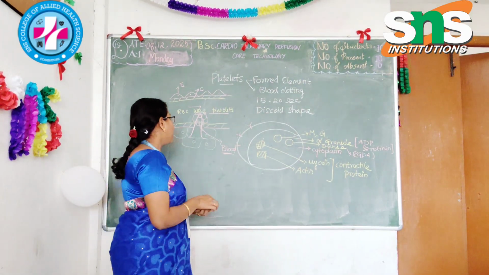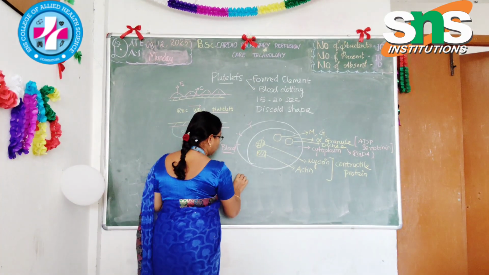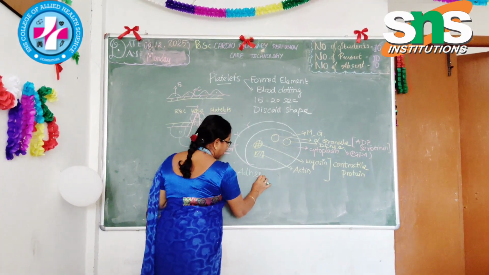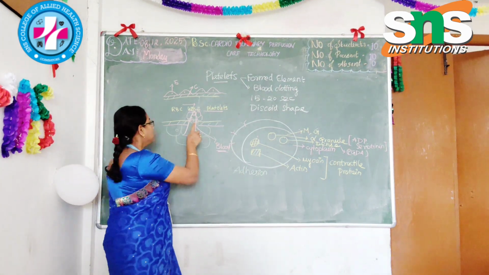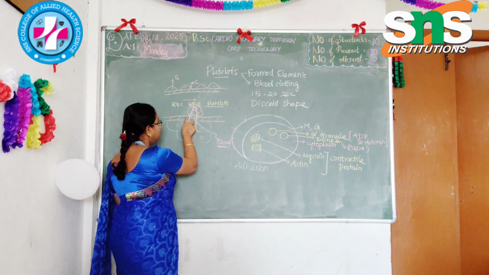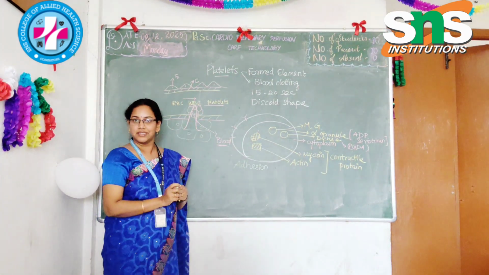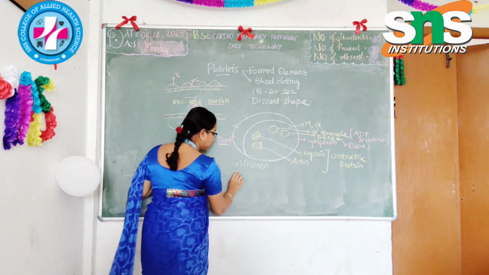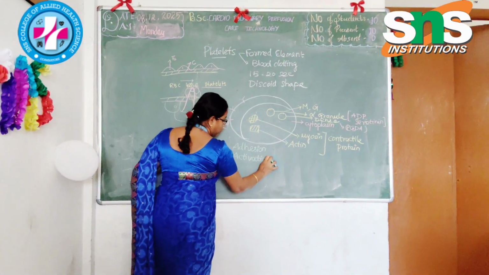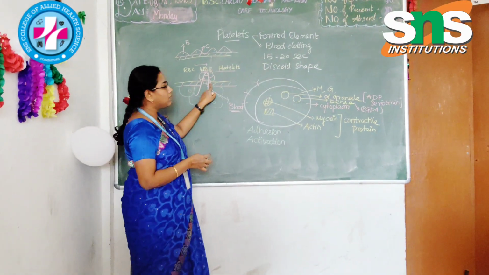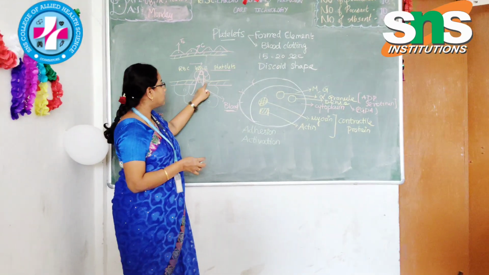There are three stages of activation of platelets. The first one is adhesion. Adhesion means attachment. The platelets will start attaching to the basement layer and the collagen surface. The second one is activation. Once it is attached to the basement membrane and the collagen, it will start activating.